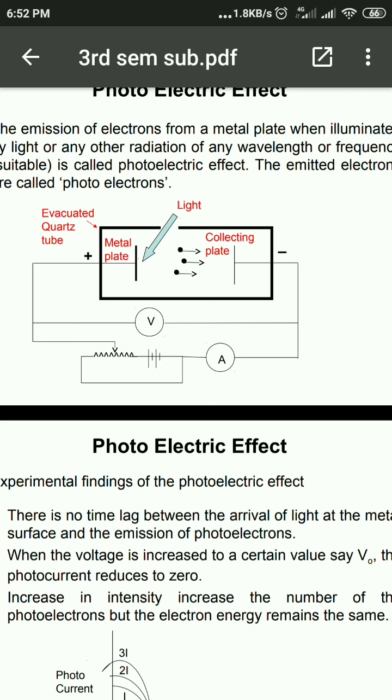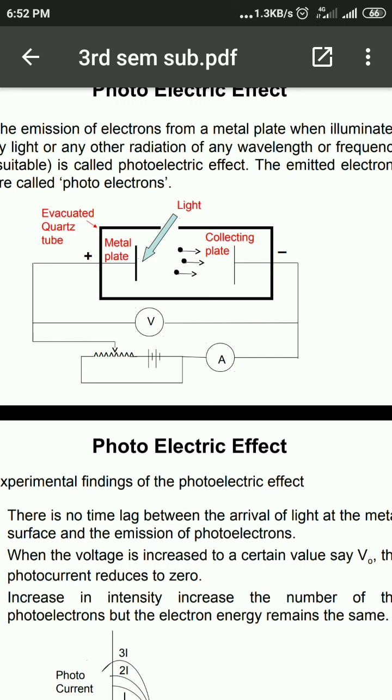And we know when the light beam is incident on the metal plate, electrons from the metal surface will be ejected out of the positive plate, and they get accelerated, and it has a kinetic energy, and they will move or they will be forced to move to the negative plate, and they form a current in the circuit, and we can find the voltage and current in the circuit using the voltmeter and ammeter.